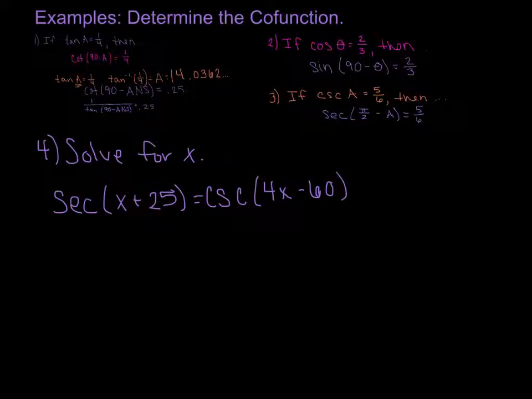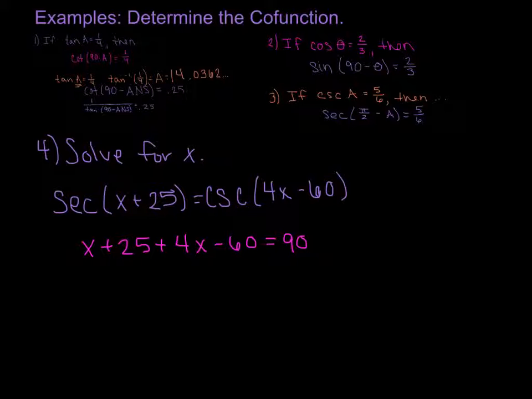So since you know secant and cosecant are cofunctions, meaning the two angles, x plus 25 and 4x minus 60, are complementary, those two values are going to add up to 90.